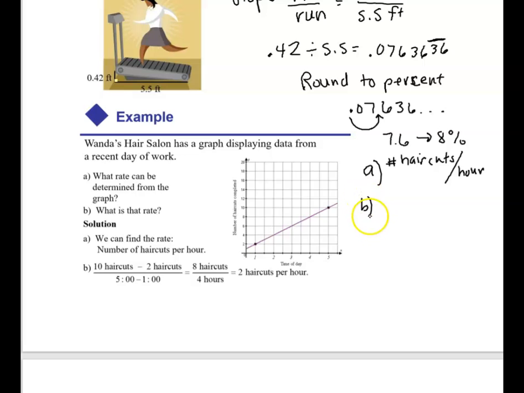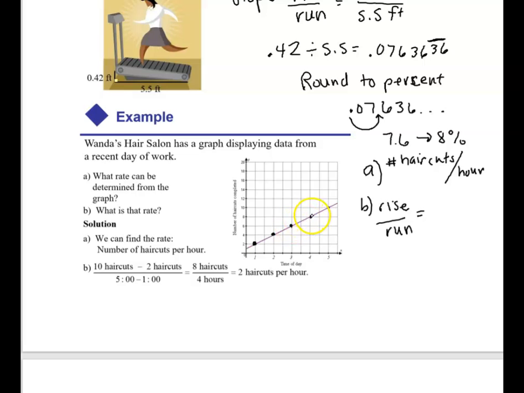What is the rate? Well, we would need to calculate rise over run. So they just picked out 2 points. You could pick out any 2 points as long as they go right through the middle. That wouldn't be a bad point to pick.